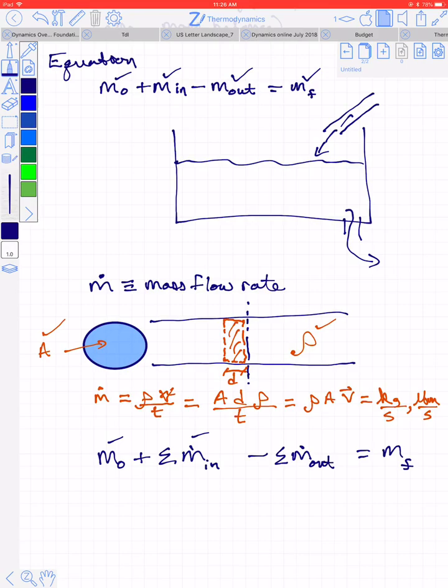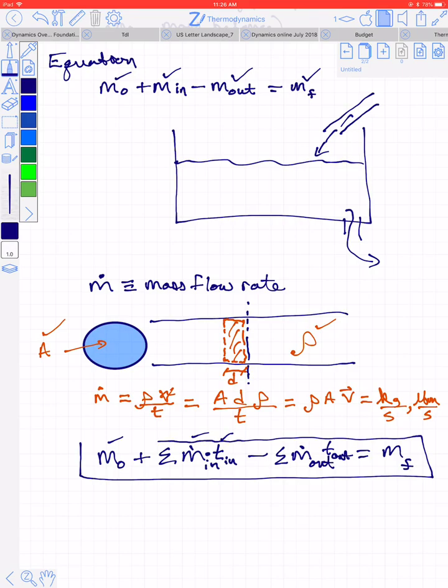We can't add kilograms to kilograms per second. That'd be like adding apples to crab apples. But if we take each mass flow rate term and multiply it times how long it flowed in, we would now have kilograms per second times seconds. There we go. So this is a very good general case equation for the continuity principle, also known as the conservation of mass.